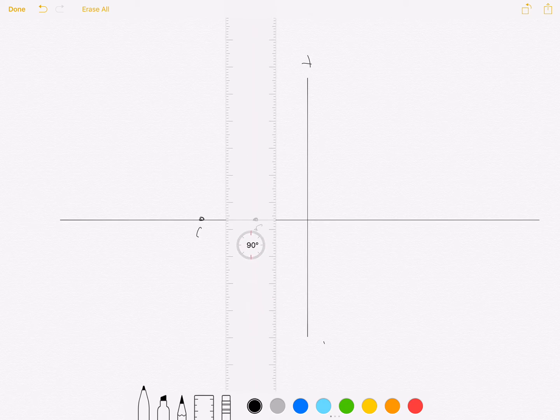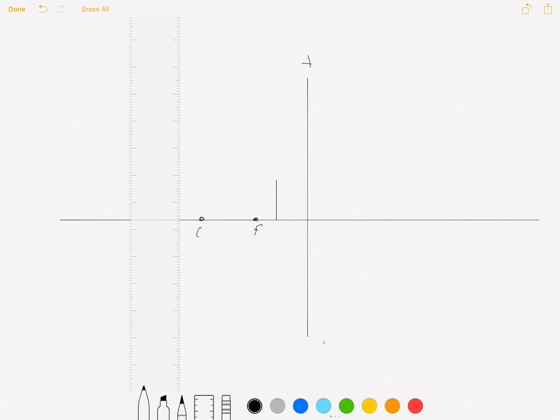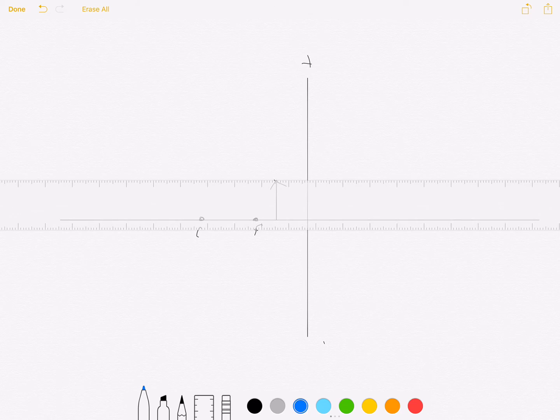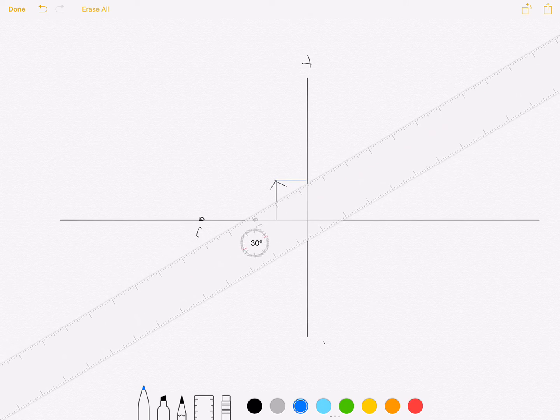This time, though, we're going to draw our 1.5 unit object inside the focal length. All right. So a ray parallel will reflect through the focal point.